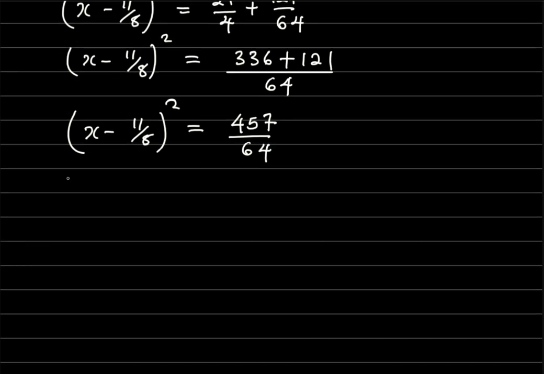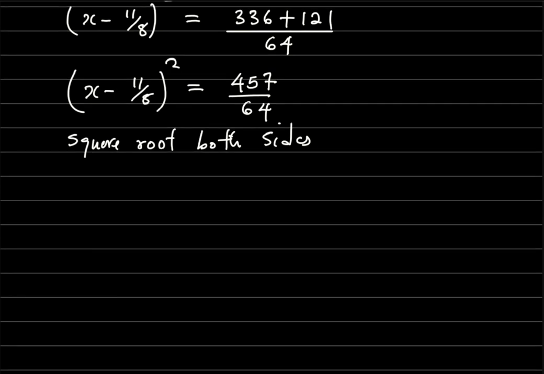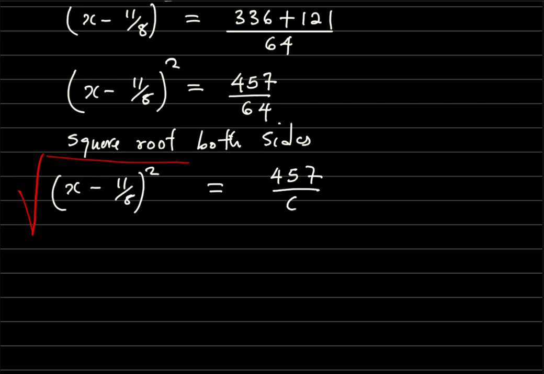The next thing we need to do, since we are looking for x, is to square root both sides, just because we want to get our x. So we have the square root of x minus 11 over 8 all squared, equal to the square root of 457 over 64.